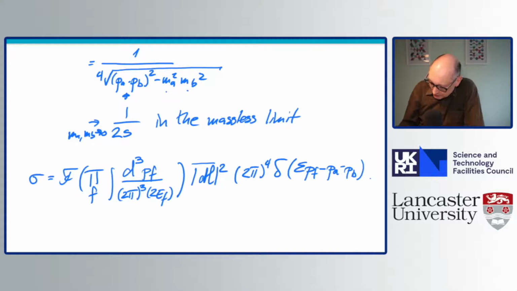We see here that's where the matrix element enters that we calculated last time. We then have to do a phase space integral. Nowadays that's often done on a computer with the constraint that the incoming momentum is fixed by the outgoing momentum.